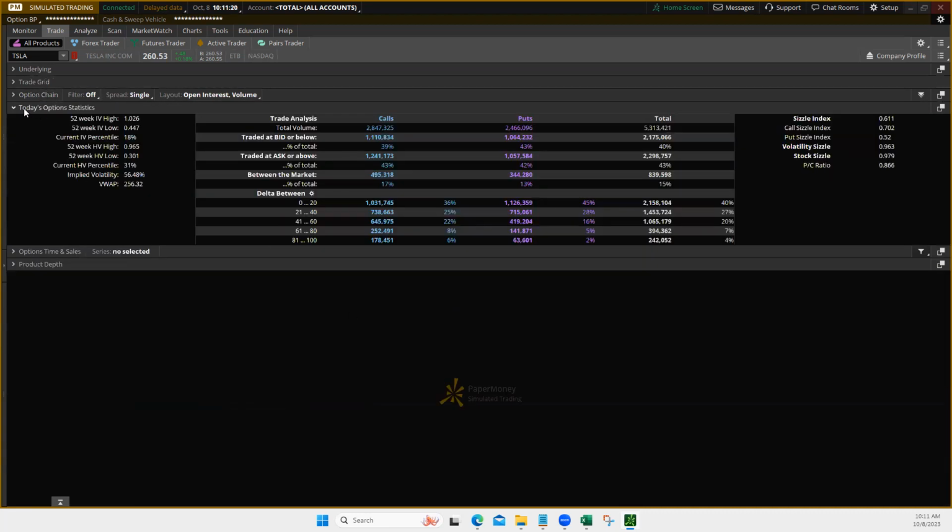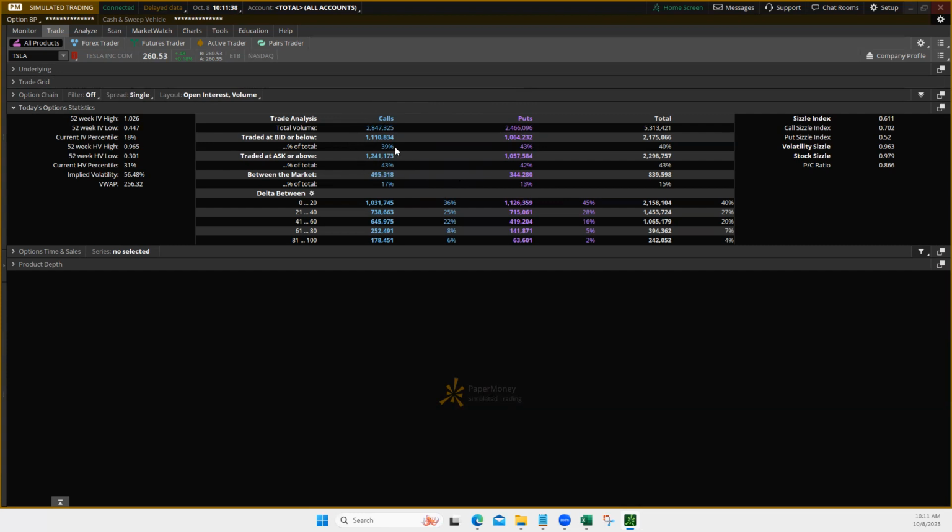Just to give you a quick example, if you go to today's option statistics, you have the calls and the puts information on the left and the right side. You need to look at the total number of calls traded at ask or above compared to the calls traded at bid or below.